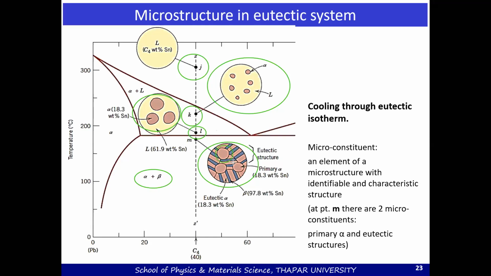This preformed phase, which was previously there, is being referred to as the primary alpha. So we have a total of three phases present in the solid: the primary alpha, which was the initial solid formed in the alpha plus L region at point L, and then the eutectic alpha and the eutectic beta phase, which is present in the form of layers.